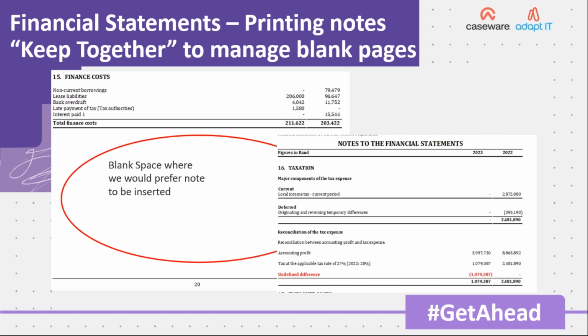So in this example, the objective is to remove that blank space and move that note taxation, which is appearing on page 21, down underneath note 15.